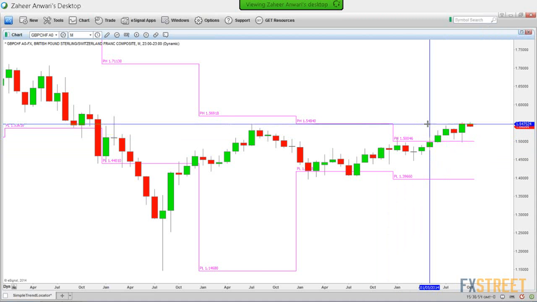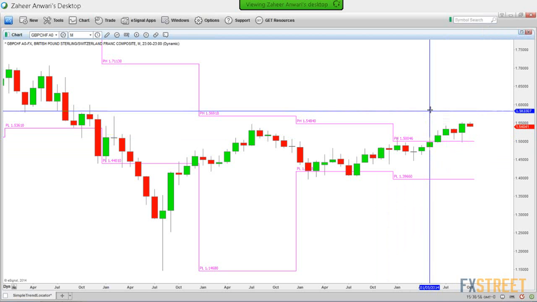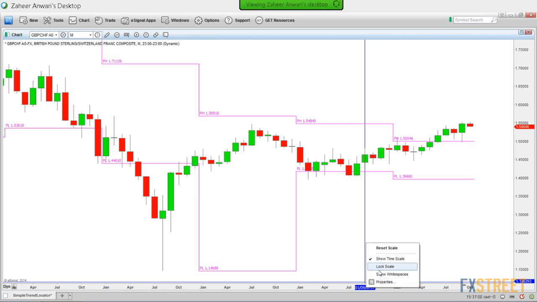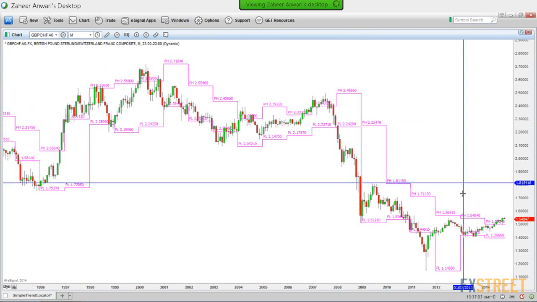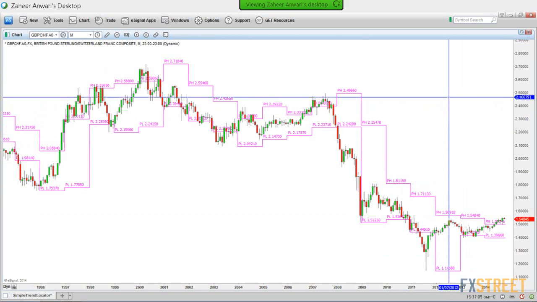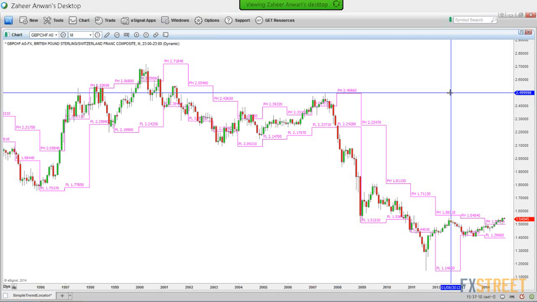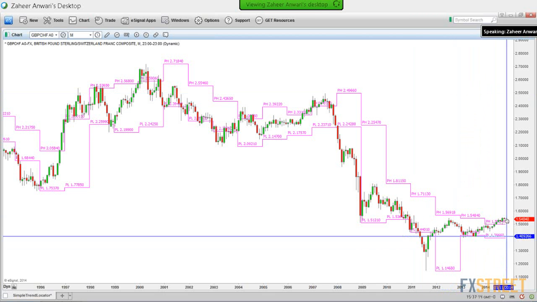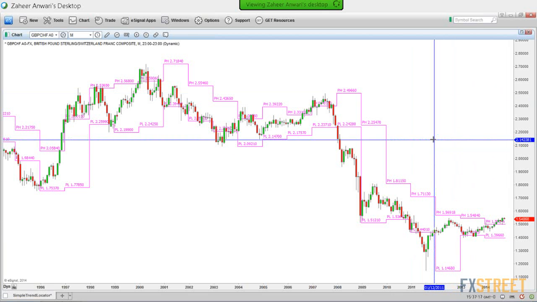So ideally, what we'd like to see is price break above this high and continue the bull trend to 1.6, 1.7, and so on. So for now, trend traders will be standing aside on this. But if we do get a break above this level, then we should see further strength. And you can see that we've had highs of 2.5 in the past. So potentially, we could see good movement. Remember, guys, the longer the consolidation, the bigger the breakout.